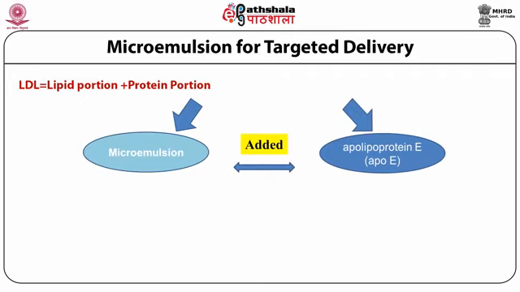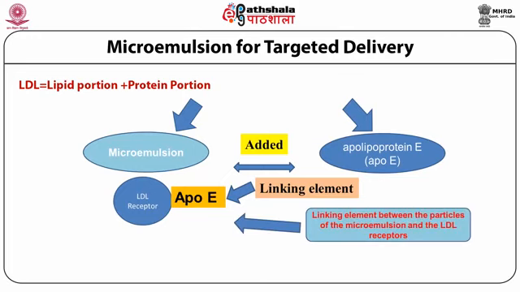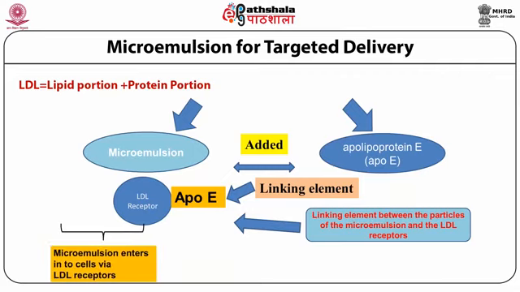This ApoE acts as a linking element with that of the LDL receptor, linking the particles of the microemulsion and the LDL receptor. This whole unit allows the microemulsion to enter into the cells via LDL receptors.